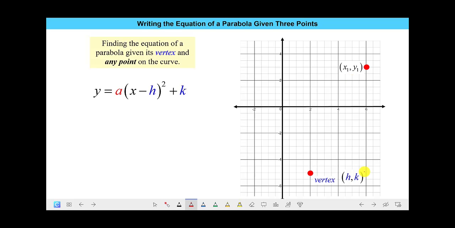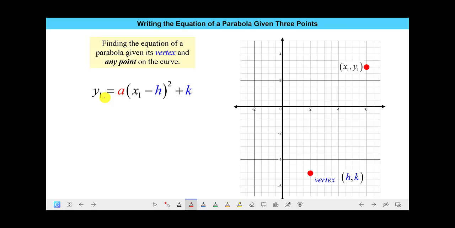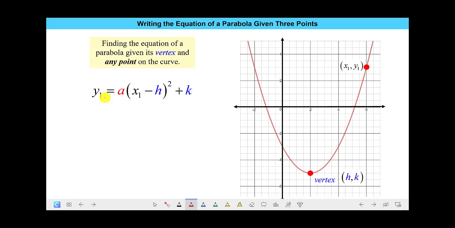I can take this h and k and plug those in. The only thing I need now is my scale factor. But because I have a point, I can fill in these. Now I know everything except this, which I can solve with a fairly simple equation. And I would get this nice parabola.